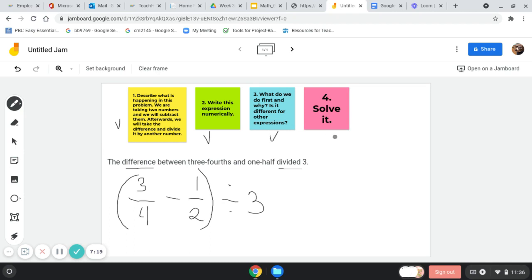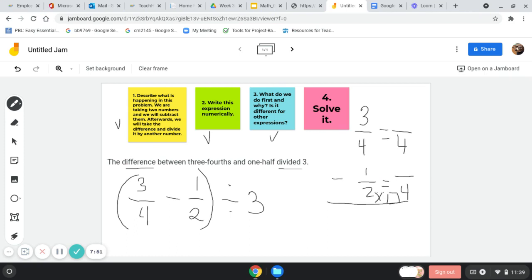And now last but not least, we're up to the solve it. We're going to subtract the 3/4 and a half, which was inside our parentheses. We'll find our common denominator, which is 4. 2 times what gives us 4?